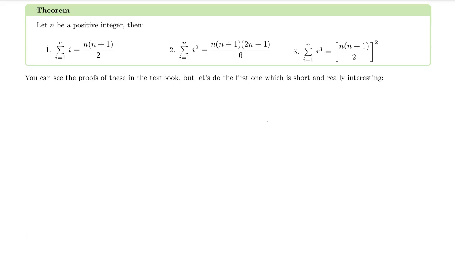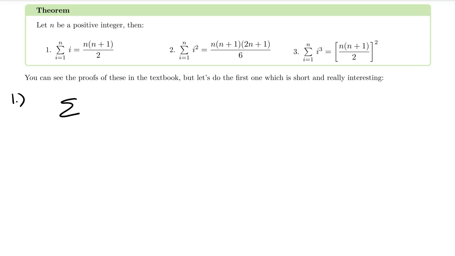Here's another theorem. If n is a positive integer, then the following three summations have these identities. And these are important, so please make sure that you memorize them. You can see the proofs of these in the textbook, but let's do the first one, which is short and really interesting.